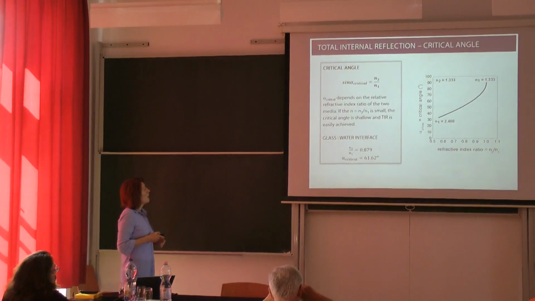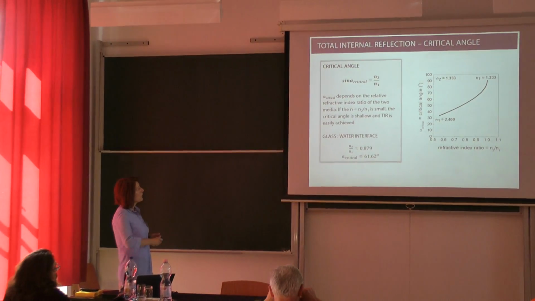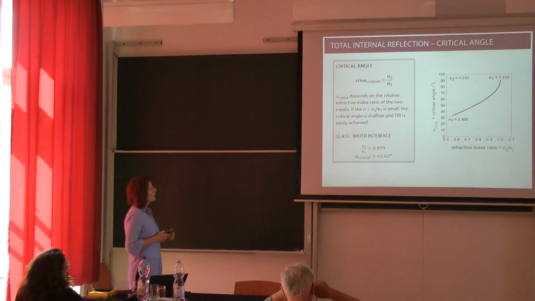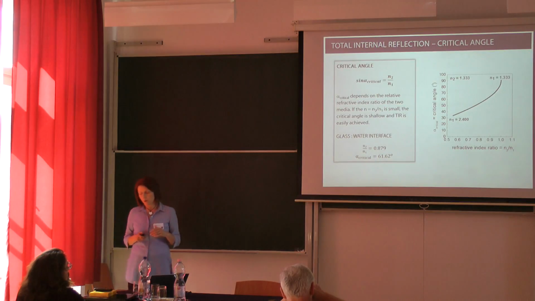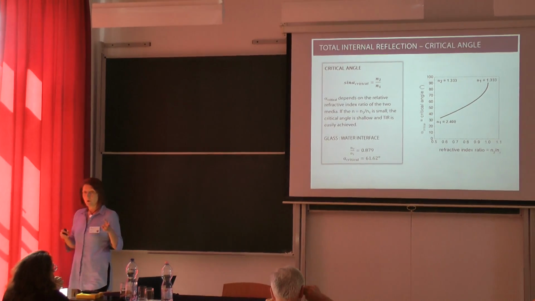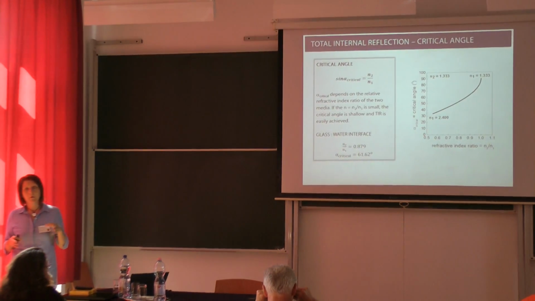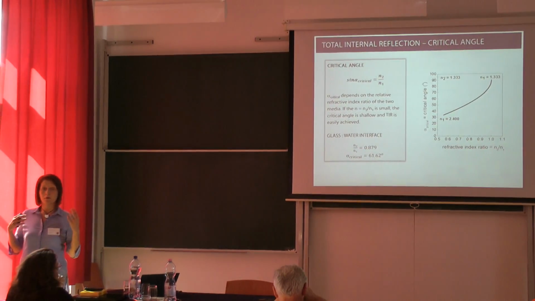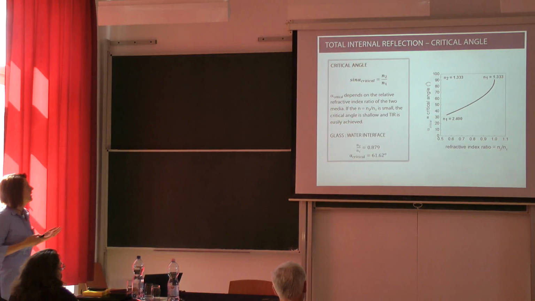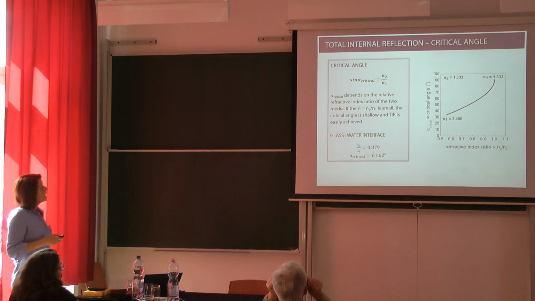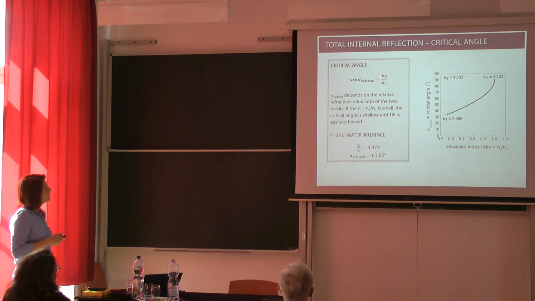Okay, so there are some important things that can be useful to note if you want to set up your TIRF microscope or your experiments. What do you have to consider? One thing is how the critical angle depends on the refractive indices of the two media.